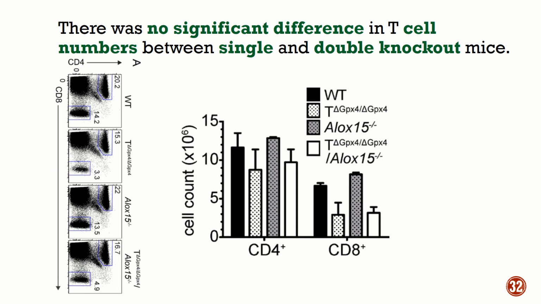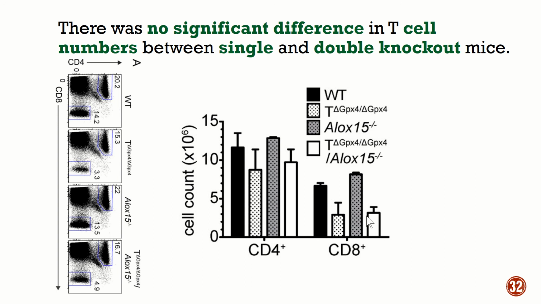So in the results, we can see that there's no significant difference between single and double knockout mice. In CD8 plus T cells and CD4 plus T cells, the double knockout mice compared to the single knockout mice in GPX4 showed no significant difference. The bar is very similarly high.